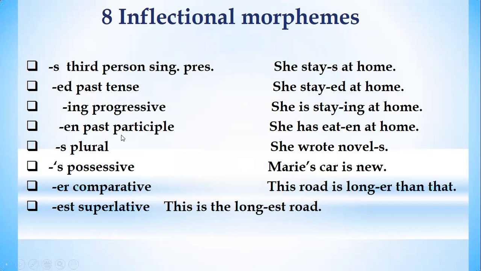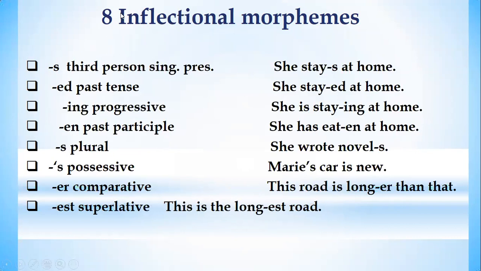The EN past participle: she has eaten at home. S plural: she wrote novels. And the S possessive: Mary's car is new. ER comparative: this road is longer than that. And the EST superlative: this is the longest road.